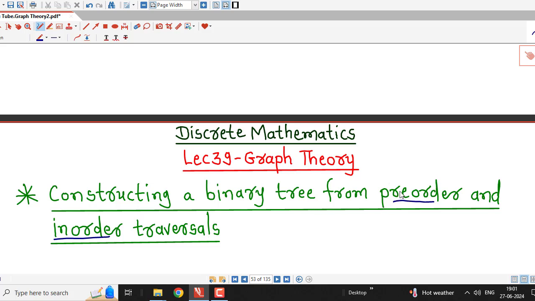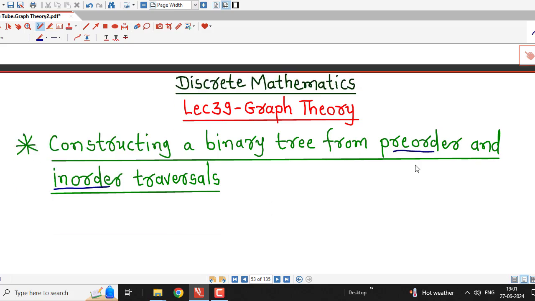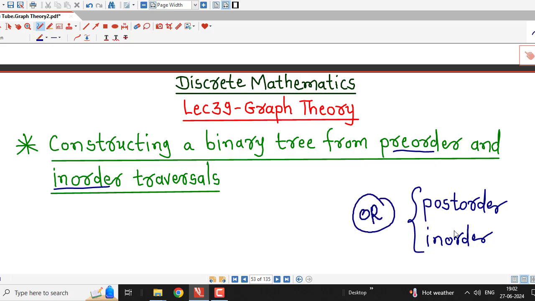from its pre-order and in-order traversals, or how to construct a binary tree if we are given its post-order and in-order traversals. So either we are given pre-order and in-order traversals, or we are given post-order and in-order traversals, and using them we can construct or draw a unique binary tree.